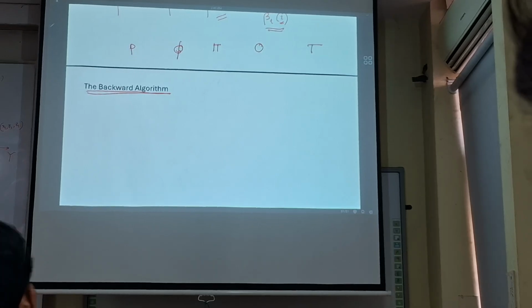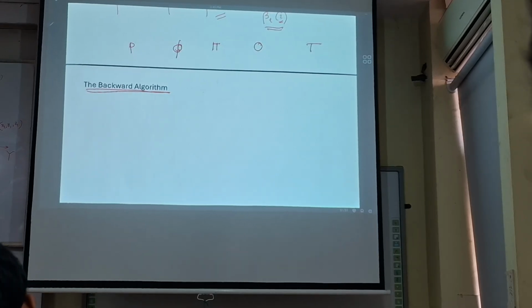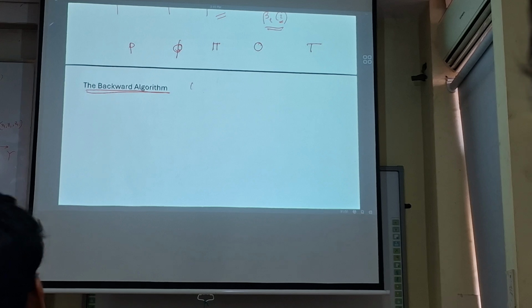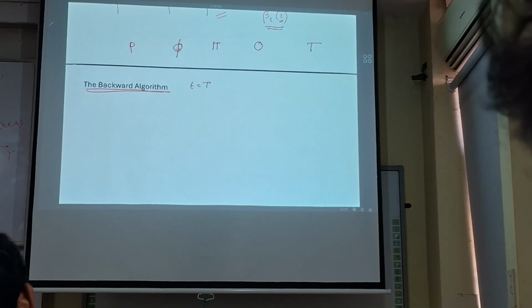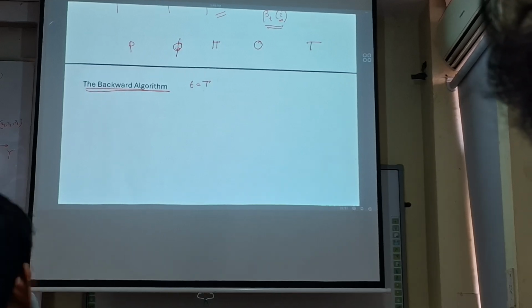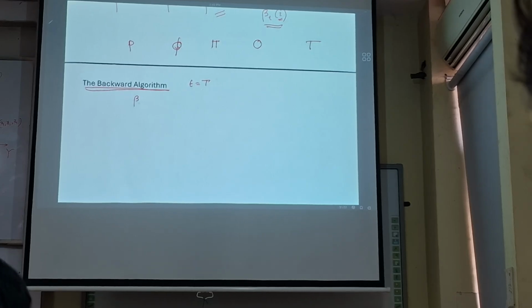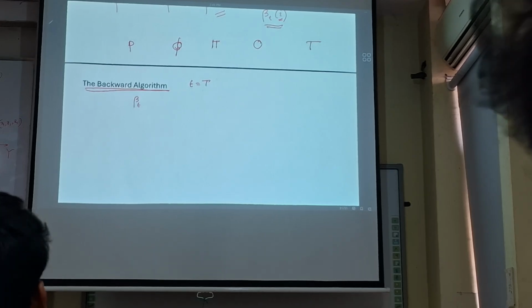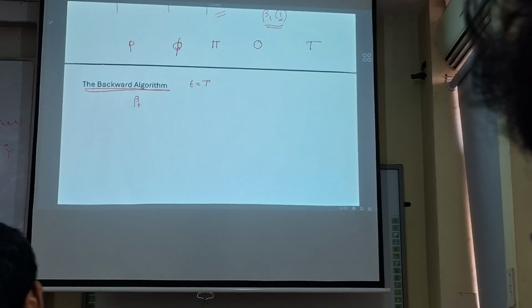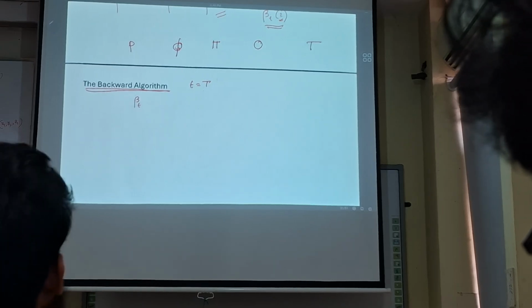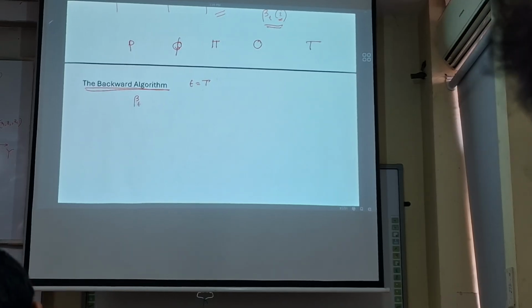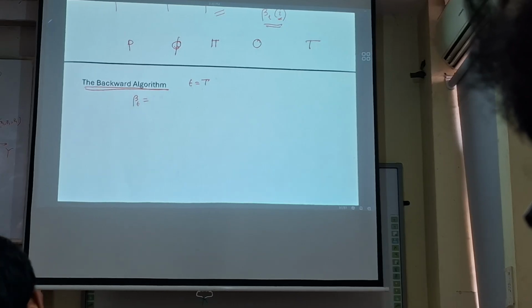And we start with the algorithm. Since we move in the backward direction, we will not consider the recursive one immediately. The recursive one is available in the book. So we consider the matrix one. So beta T will be what?